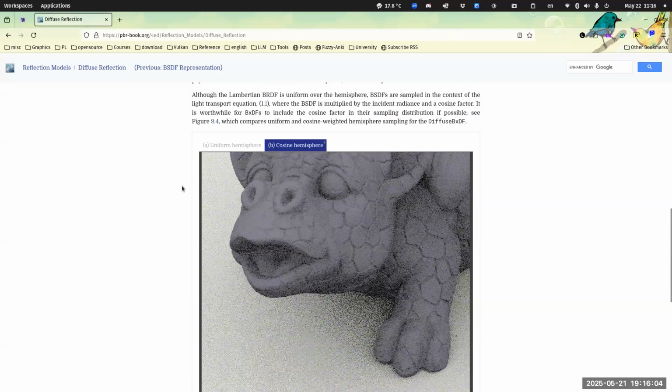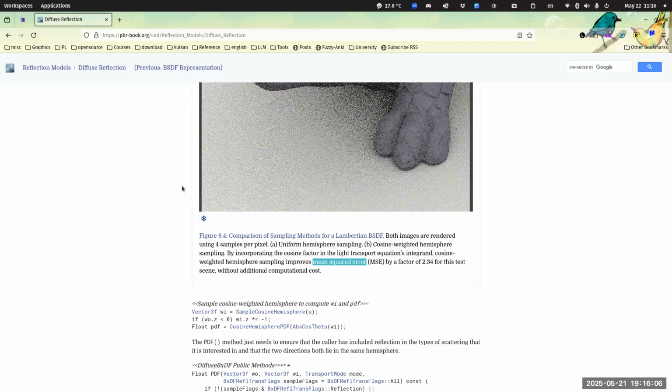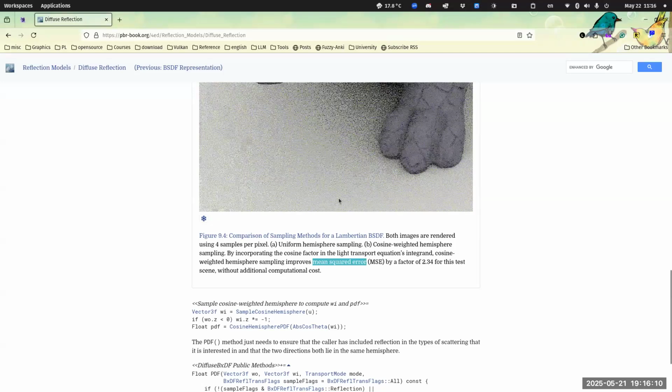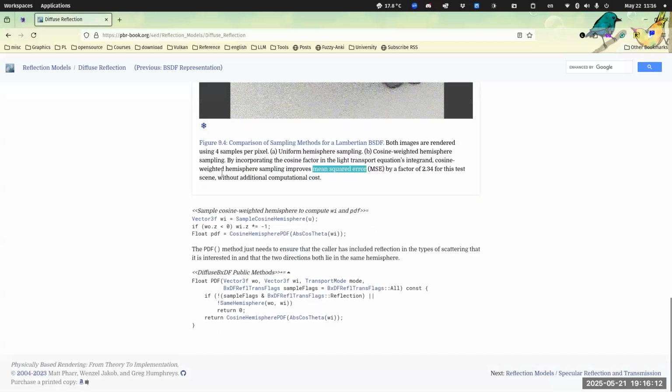So a decrease in noise. They sample the cosine-weighted hemisphere.